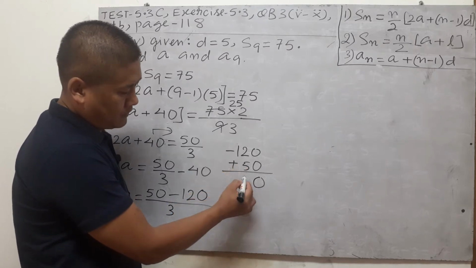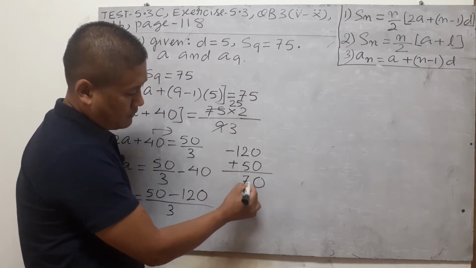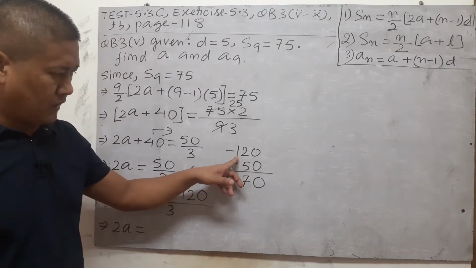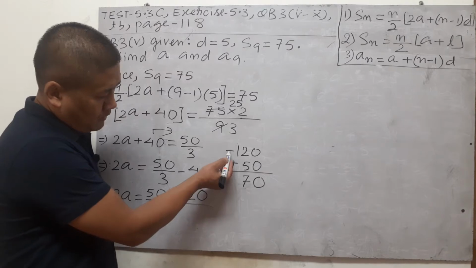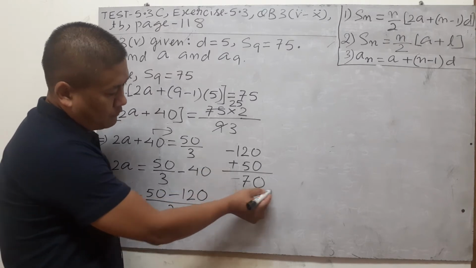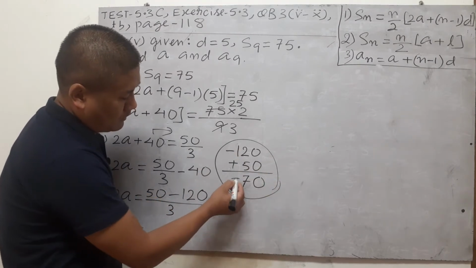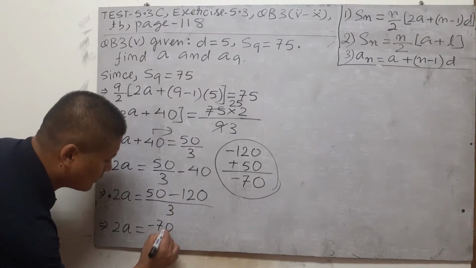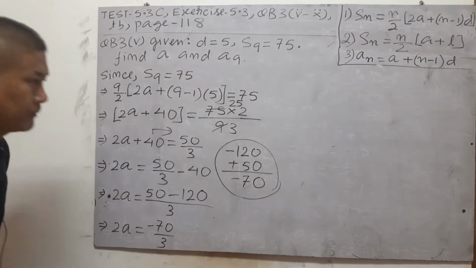Then 12 minus 5 is 7. 1 borrowed to make 12, so nothing left, so that's it. The bigger absolute value has minus, so here also it will be minus, so minus 70. In other words, 50 minus 120 is minus 70 divided by 3.